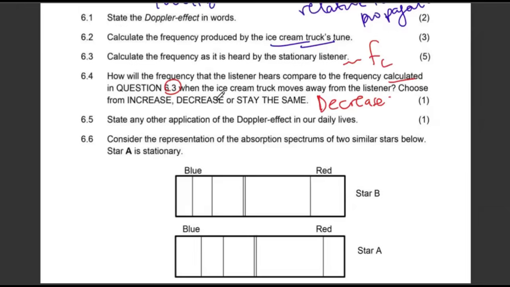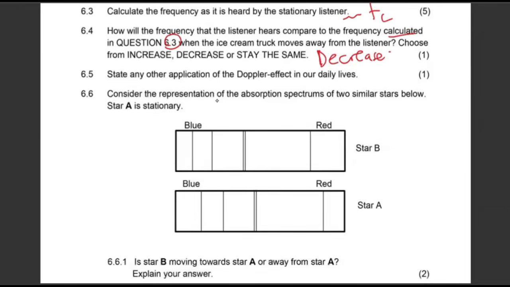All right, 6.5, state any other application of the Doppler effect within our lives. We have very, very many. Number one, we can use the Doppler radar, the one that is mainly used by traffic cops. Then we can also use the Doppler flow meter to measure the heartbeat of the fetus.